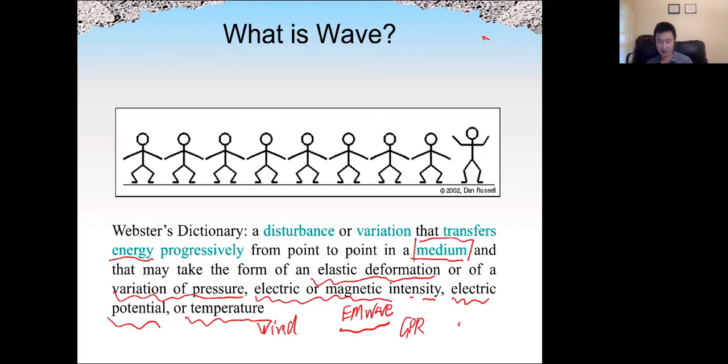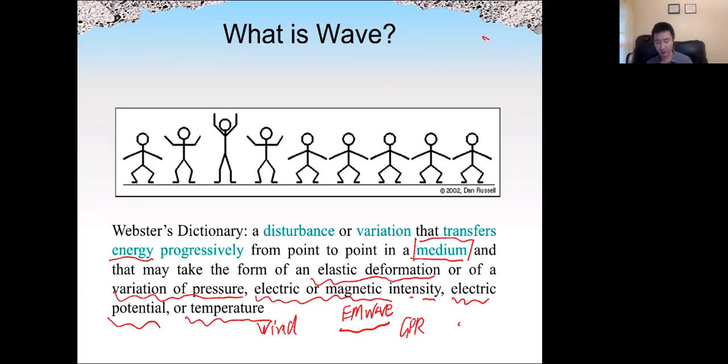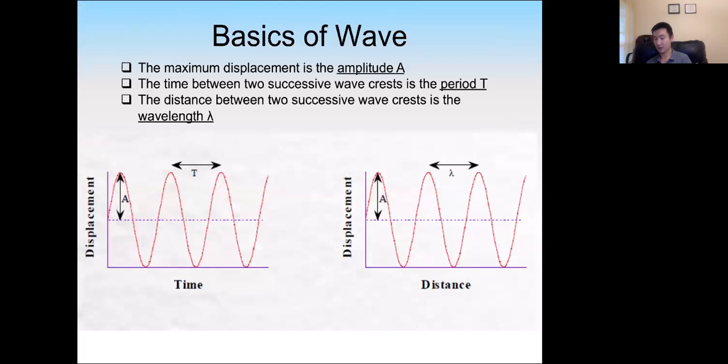But in this class, first we're going to talk about mechanical waves. For a wave, we have different definitions: the period, wavelength, and amplitude. I think most of you know this already, but let's review it.